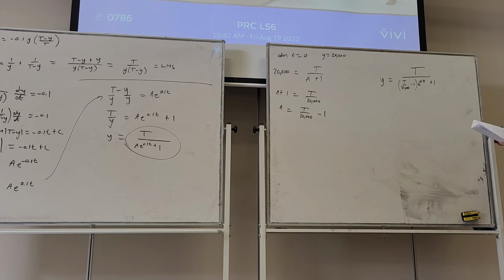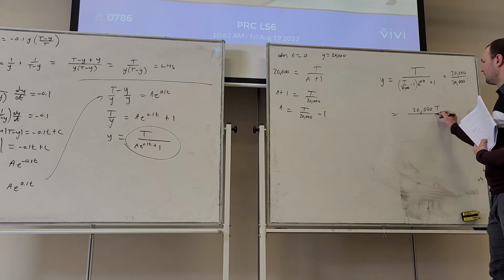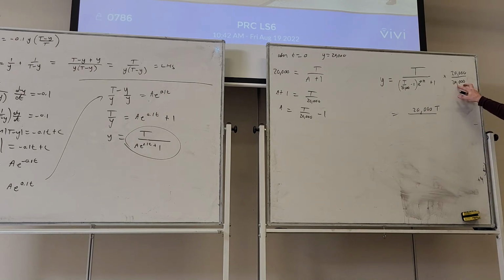And all we need to do, if you're looking at that, we've got 20,000 at the top. If we multiply it by 20,000 on top of 20,000, okay, so we're multiplying it by 1, we're not changing its value. At the top, I'm going to have the 20,000 T, and at the bottom, this is going to distribute. So firstly, we're going to have the plus 20,000 there, that's what we need, so that's good.